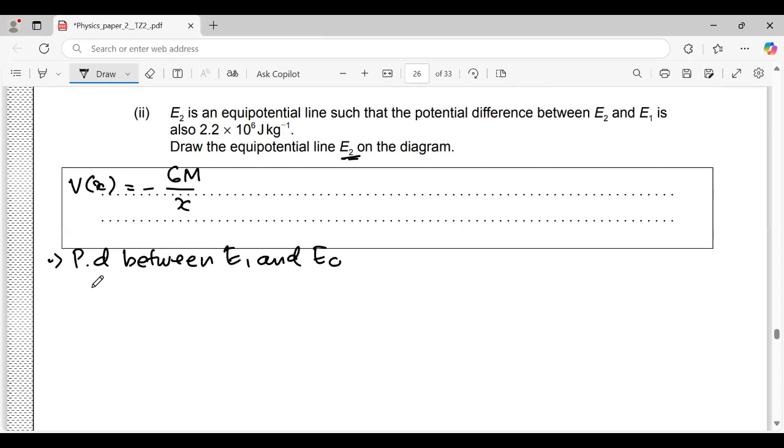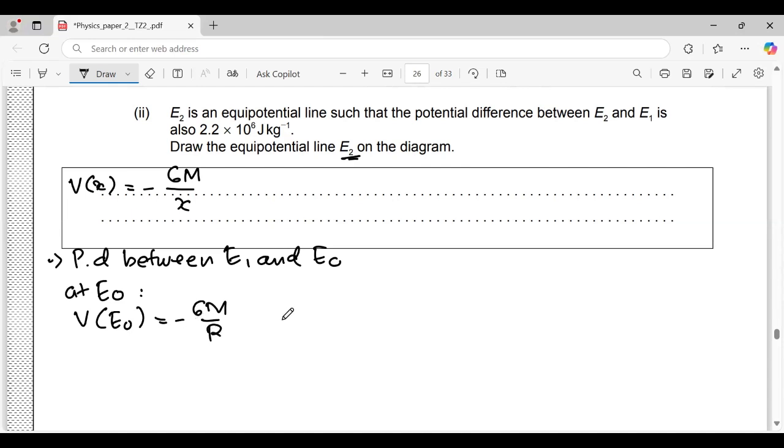At E0, the potential is at the planet surface. So at distance r, the potential at E0 is minus GM over r.